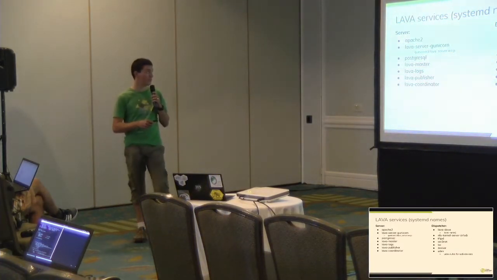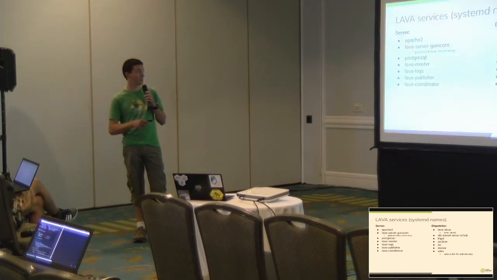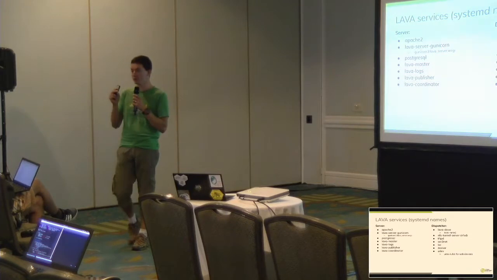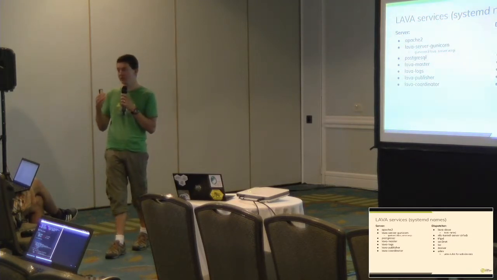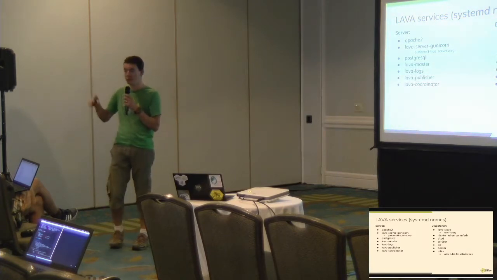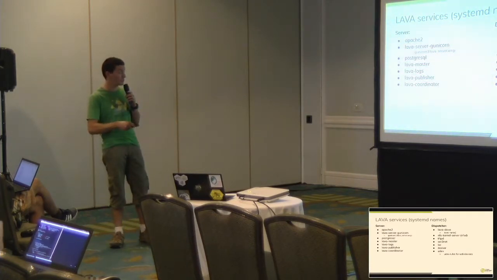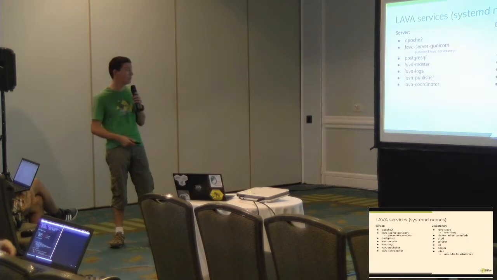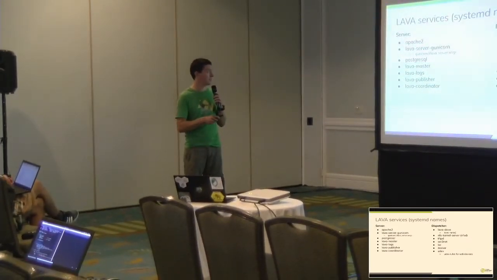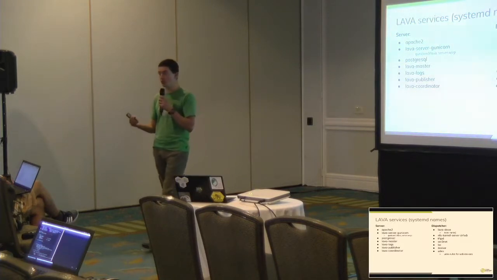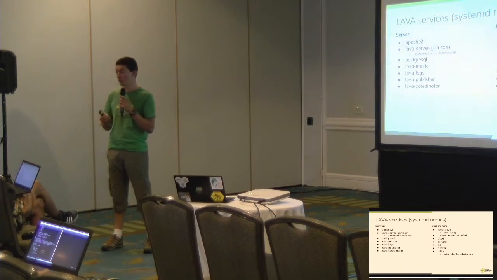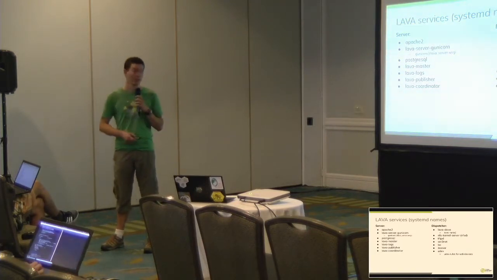On the server, you will find a lot of services. These are the systemd service names. So if you want to inspect your own system after you install Lava, you will do service, something, status, or restart, or whatever. These are the actual systemd names that you will use. So the first one, on the server, as I said, it's interacting with the user over HTTP. So obviously you first need a reverse proxy, that will be Apache in our case.